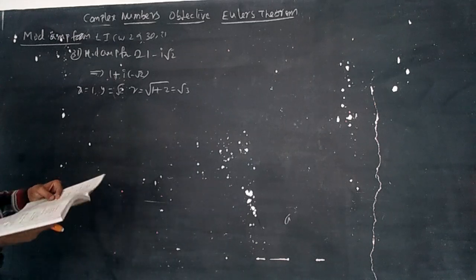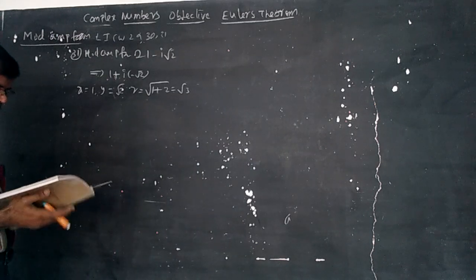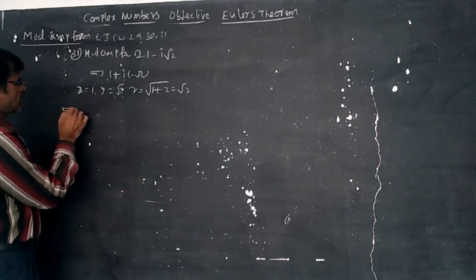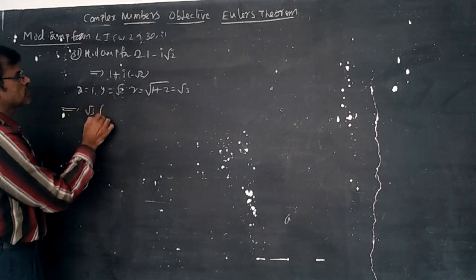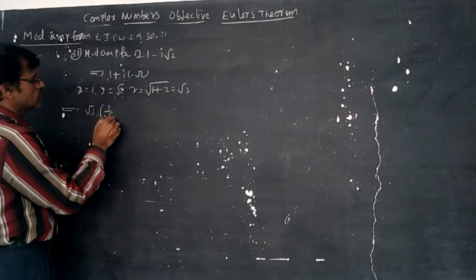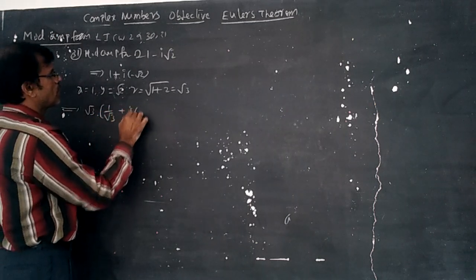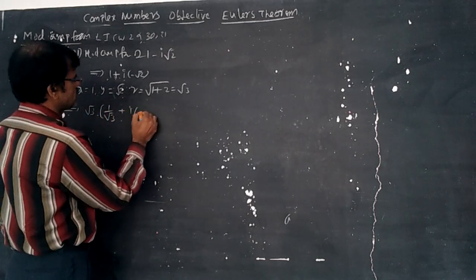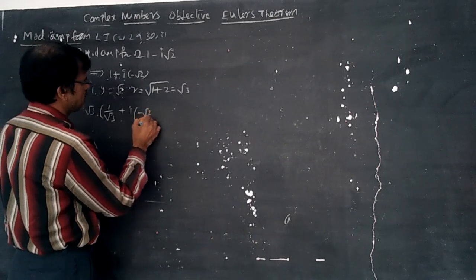So if you multiply with root 3, two options are there. That implies root 3 into 1 by root 3, plus i of minus root 2 by root 3.